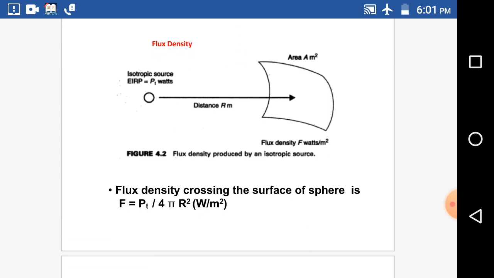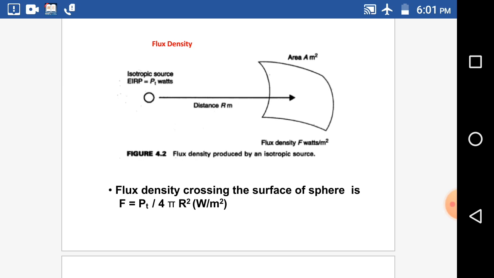To understand this parameter, let us assume this diagram in which the circle is your isotropic source, and on the right hand side some surface is there, that is an observer point. Isotropic source radiates a PT power in all directions, that is in all theta and all phi directions.